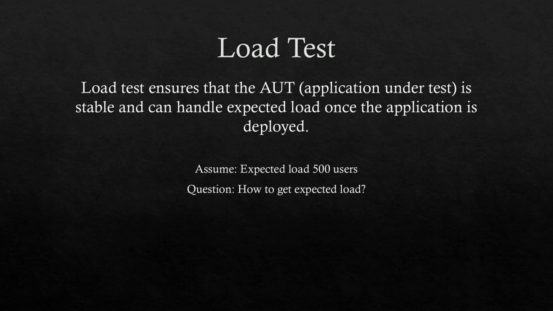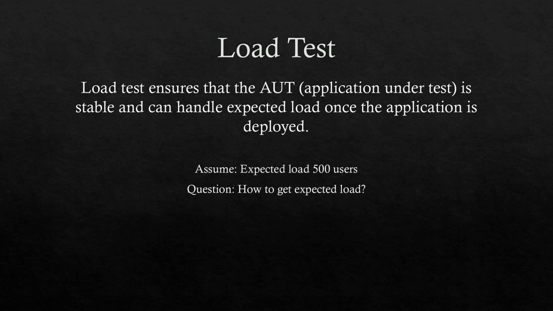But who is giving this number to us, 100 or 500? The client or the product owner will give it. But who is giving that 100 or 500 to the product owner or client? Who can tell exactly that you have to test this application with 100 users or 500 users in your load test? The client or product owner will tell us, but at the end of the day, they will also get this information from the historical data.